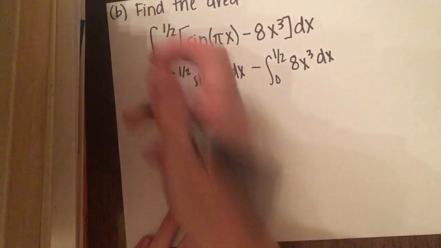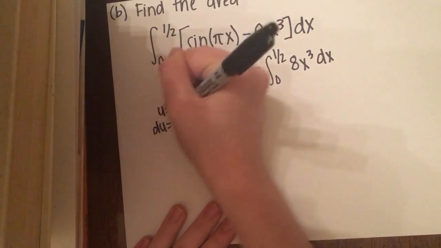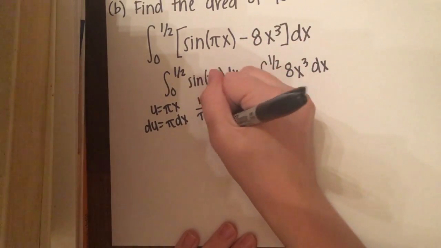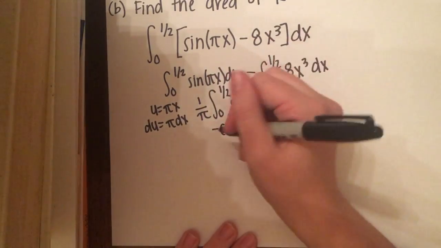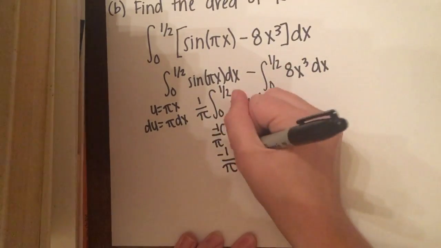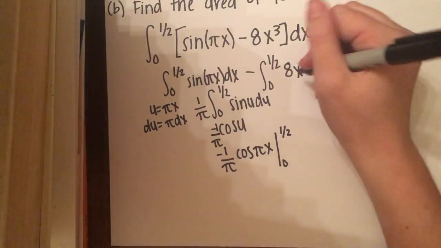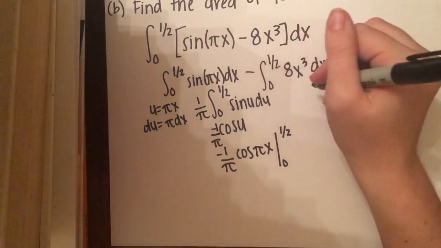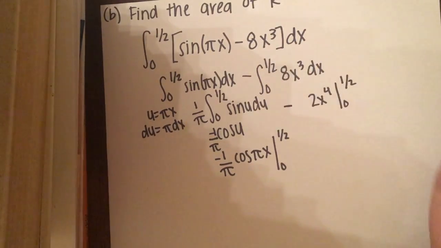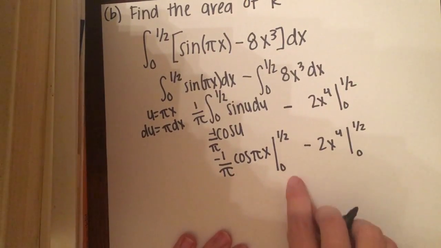So for this, we're going to have to do a u sub, and I'm going to set u equal to pi x, and then du is going to equal pi dx. And then you just actually plug these numbers in.